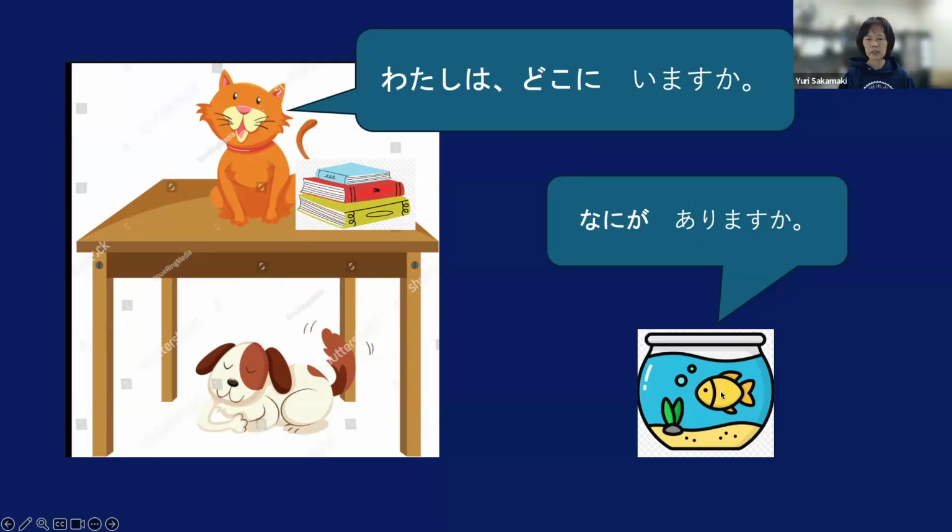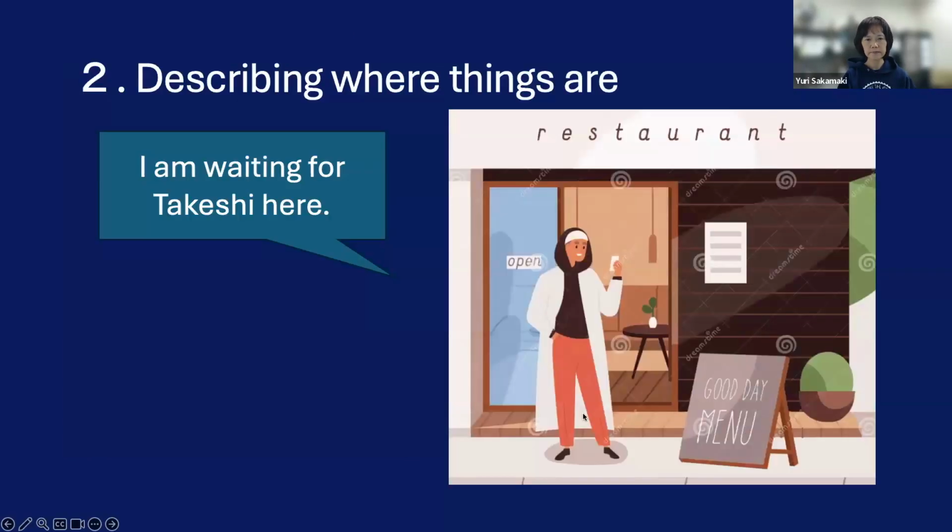So, 魚が, it's actually います because it's alive. 魚が水の中にいます。So the fish exists in the water.